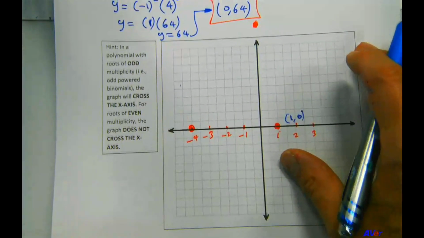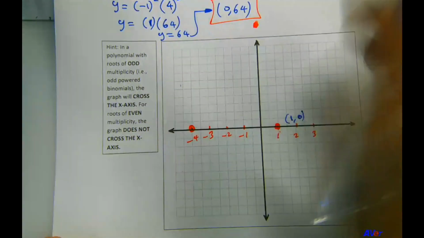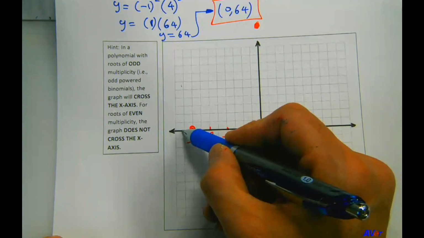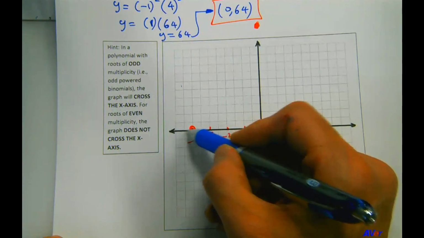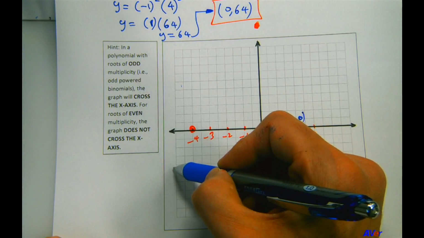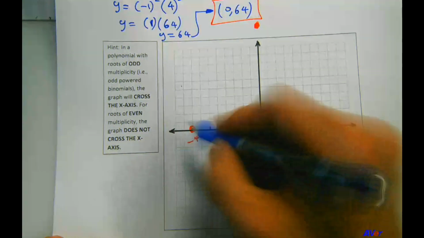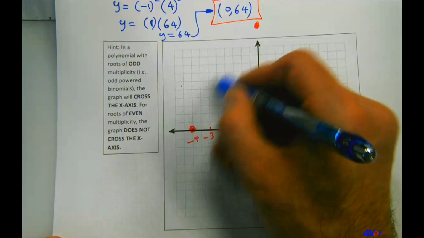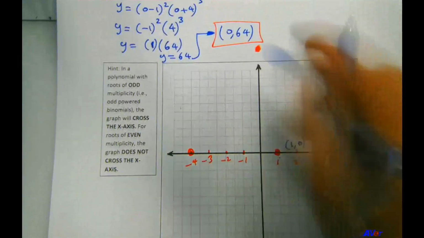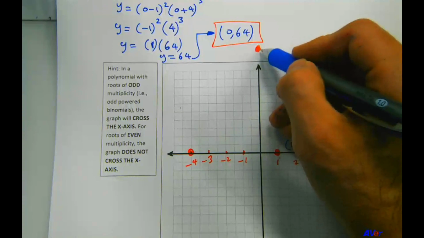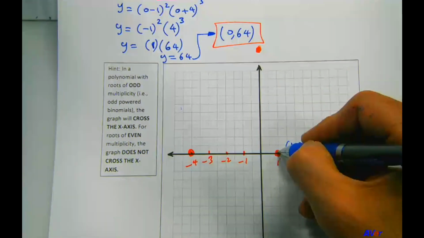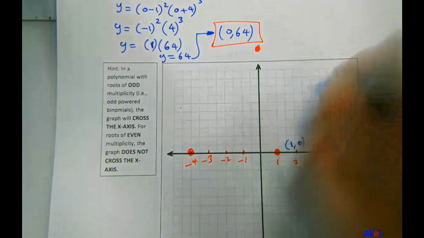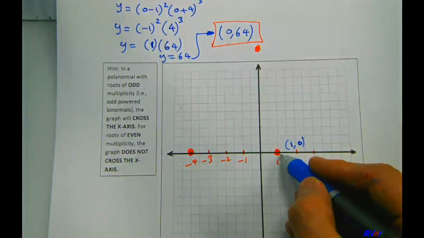But the test point, we could use it, and it would definitely tell us that if I included a -5 there, the result of the function would turn out to be negative, which means the line would come up from below the x-axis, go all the way to that point 0, 64, hit it, curve back down, hit this point, not go through this point, but bounce back to the same side because multiplicity is even here.